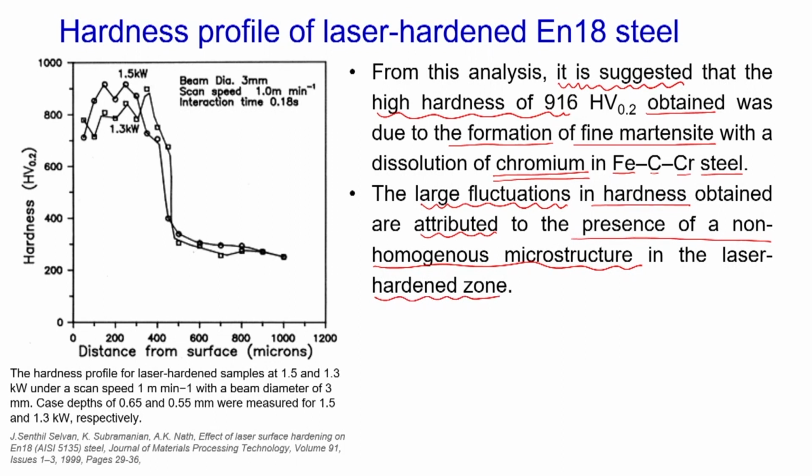So, the microstructure was not homogeneous, it was heterogeneous, and during the application of the load for computation of the hardness value, if the indentation is at a different location with different grains or voids, we may get a different value of hardness. So, due to that we got the fluctuations during the hardness testing as well.